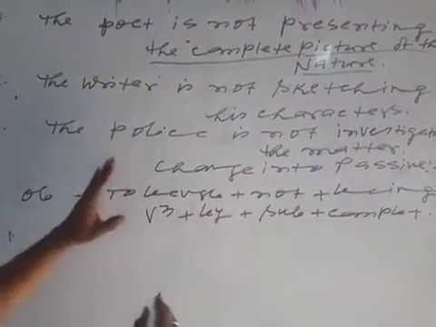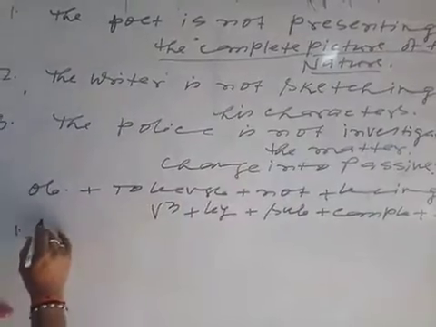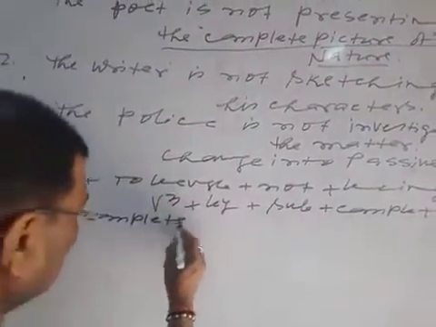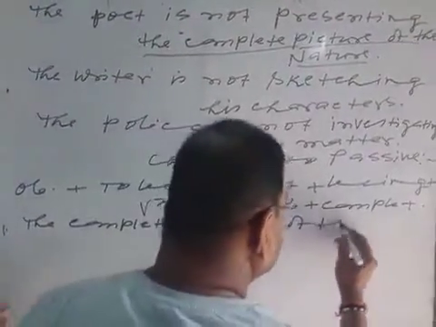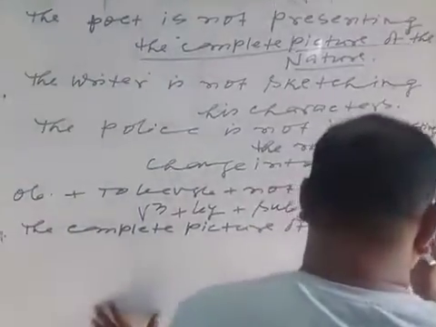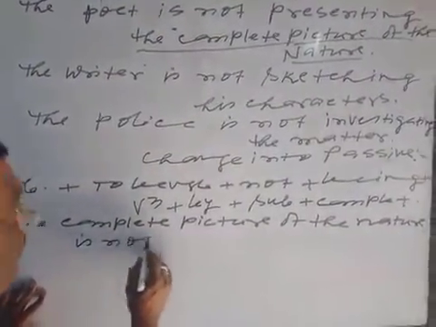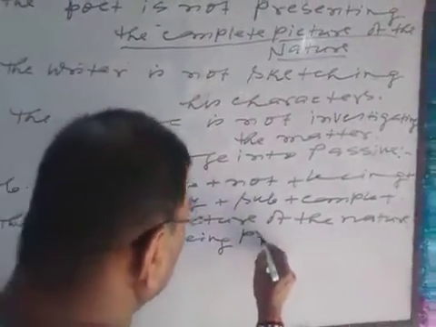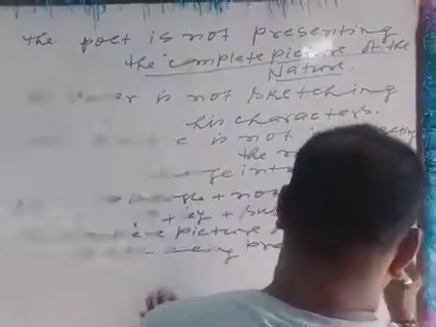The object is the complete picture of the nature. The complete picture of the nature is not being presented by the poet.